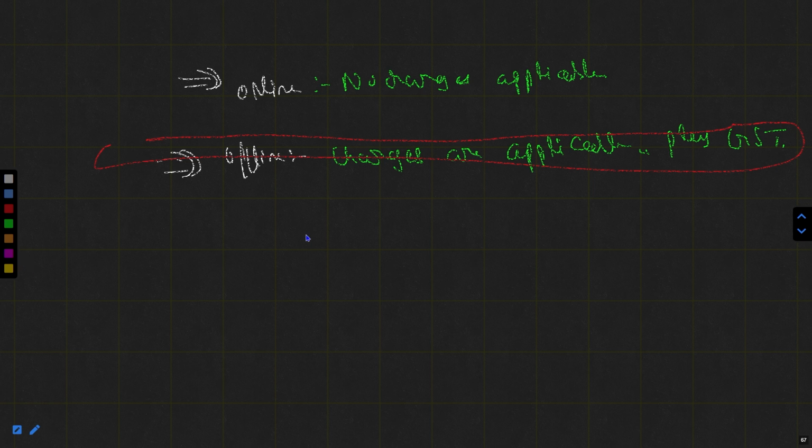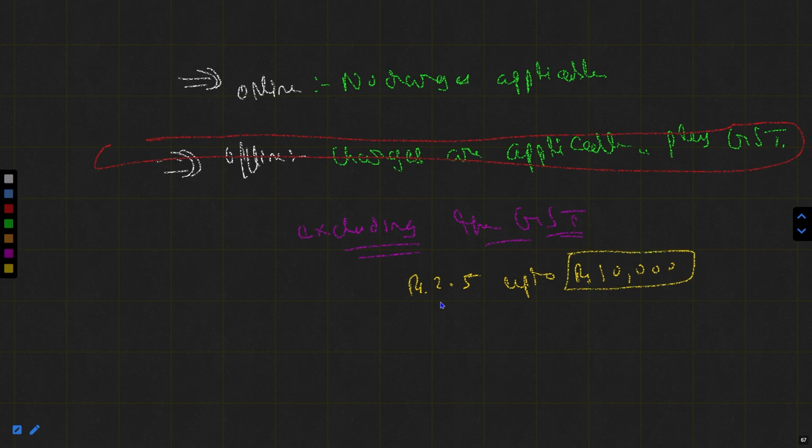But in the generalized way, excluding the GST, which is chargeable as per the amount, what are the charges? Rupees 2.5 up to rupees 10,000. If you are making a transaction of up to rupees 10,000, you are charged 2.5. Remember, excluding the GST.